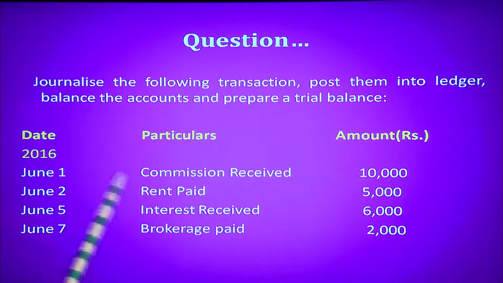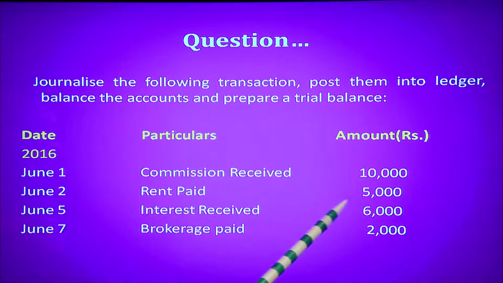On 2nd June, rent paid to an amount of 5,000 rupees. Then June 5th, interest received to an amount of 6,000 rupees, and June 7th, brokerage paid for an amount of 2,000 rupees. So, these 4 transactions have taken place in the month of June.